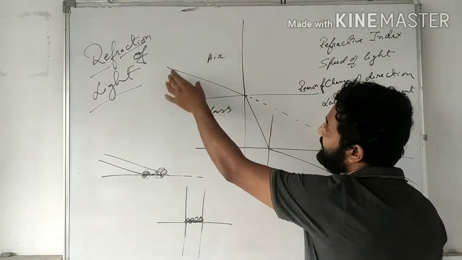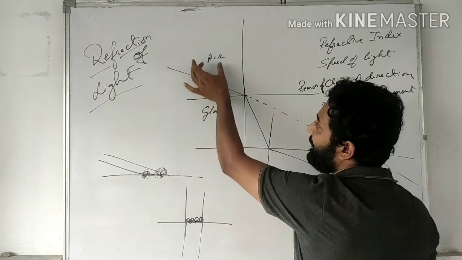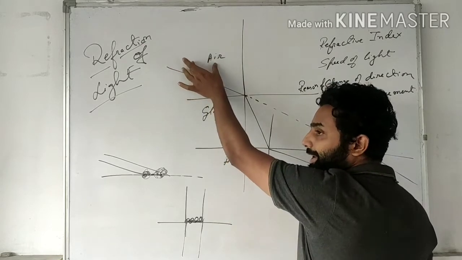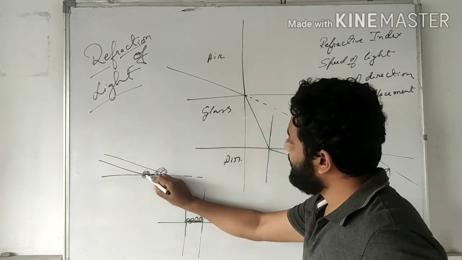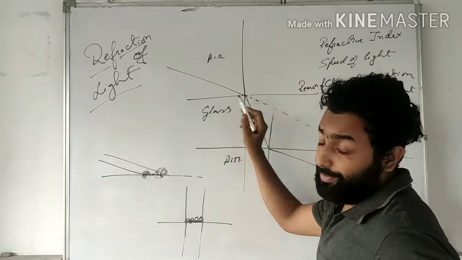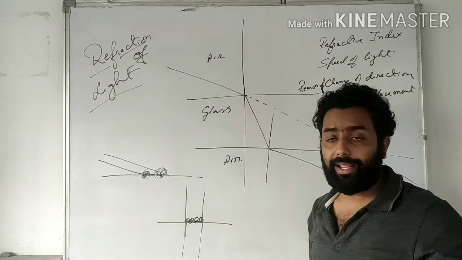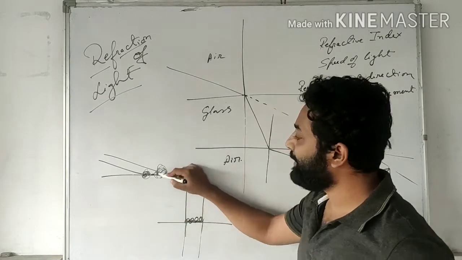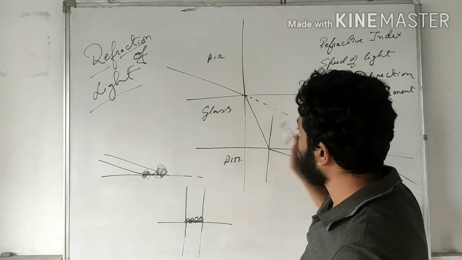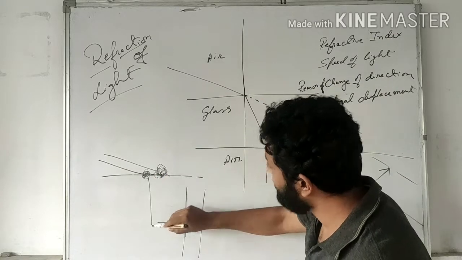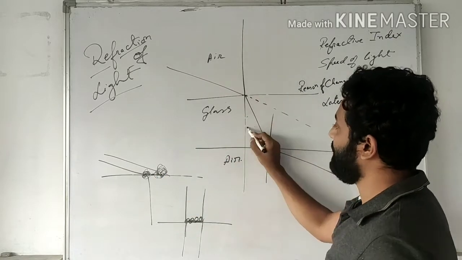Here we can see that a ray of light is moving from air to glass, from optically rarer to denser medium, and so these particles hit the surface earlier as compared to the other particles. So its speed decreases earlier, and so it moves in this direction, towards the normal.